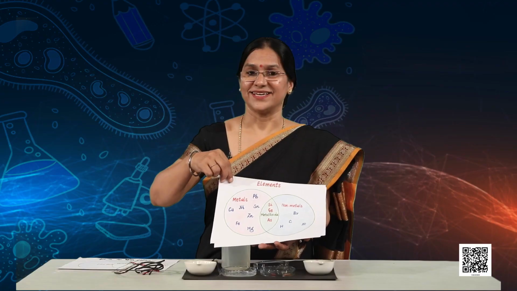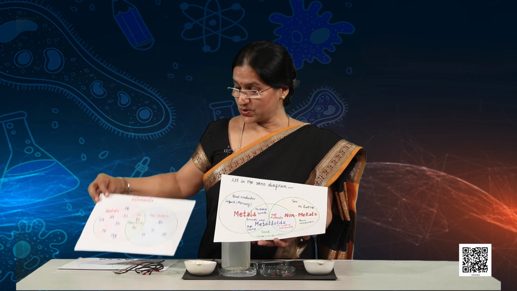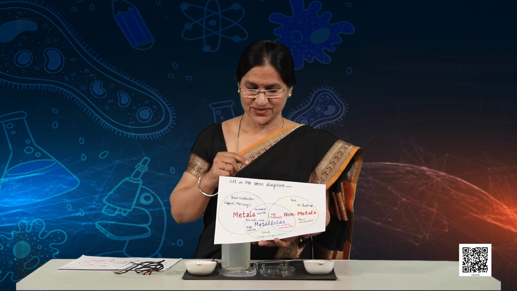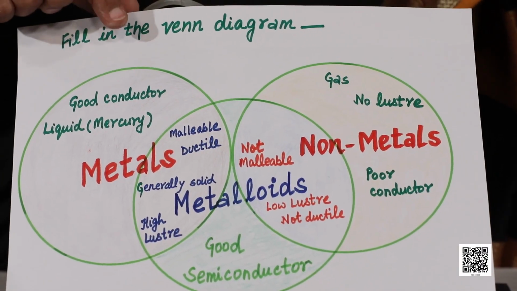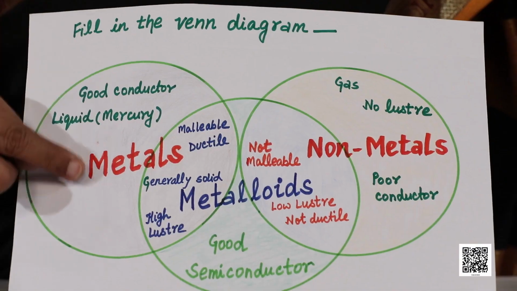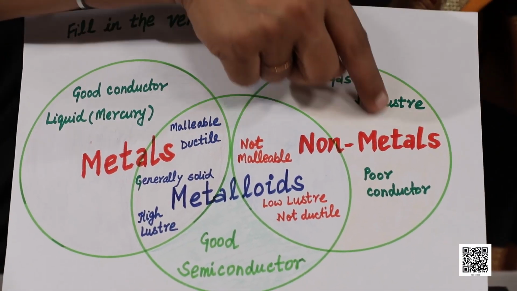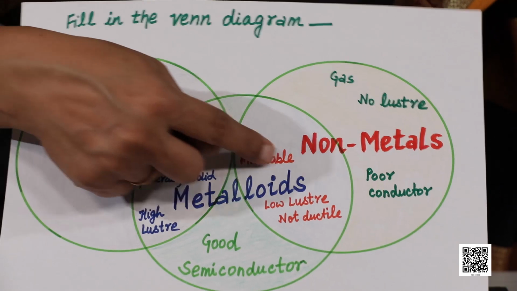And well, you also learnt how to classify elements into metals and non-metals on the basis of their physical properties. So, you can make another Venn diagram of 3 circles where on this part of the circle you will write the physical properties only of metals.